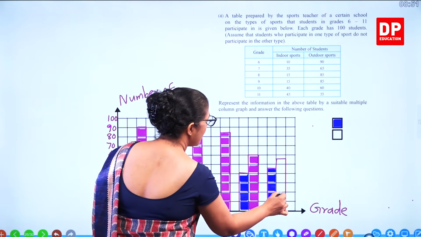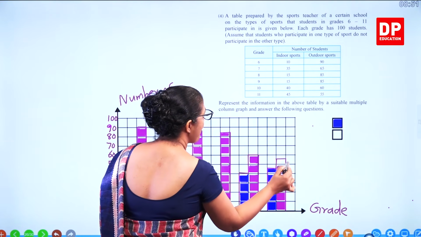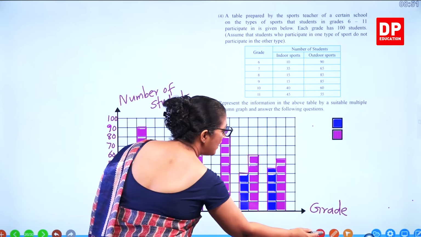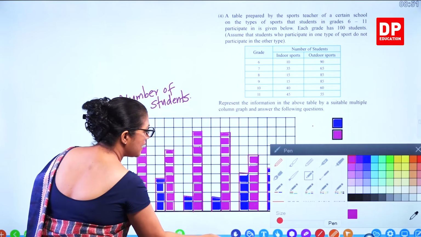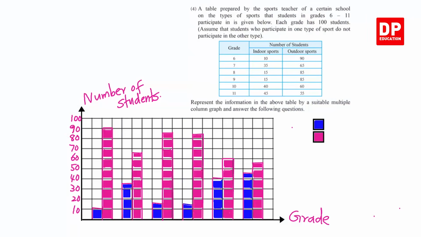Pink, and this is pink. Now we'll label this. So what are the labels? So this is 6, 7, 8, 9, 10, 11, and this is the first one we took indoor, and this is outdoor.